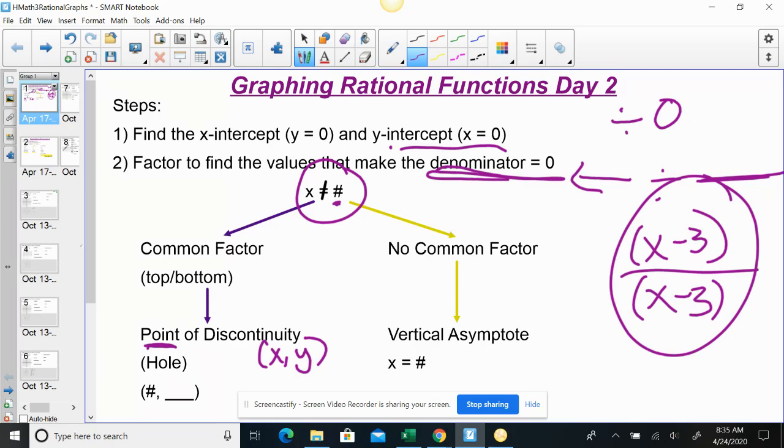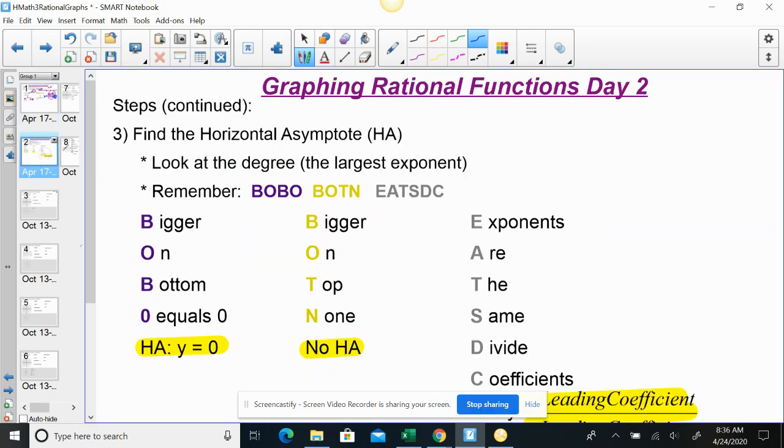If there is no common factor, but there's still something else down there, say an x plus 2, then that value, which would be negative 2 because that's the one that makes it equal to 0, would be a vertical asymptote. We are going to do examples of this, so just bear with me.